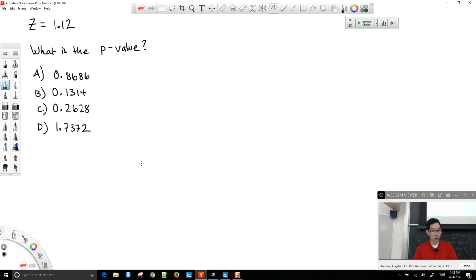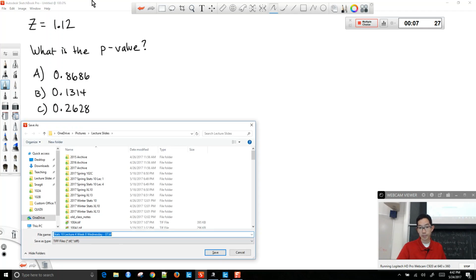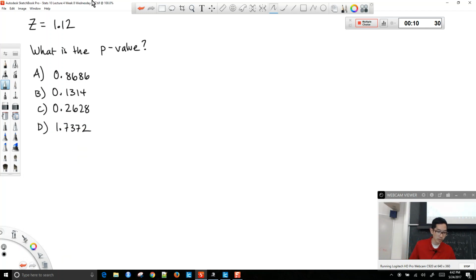This is another clicker question. Go ahead and try this out. Consult your notes, the p-value does depend on the alternative hypothesis.